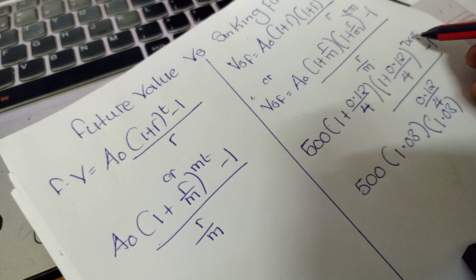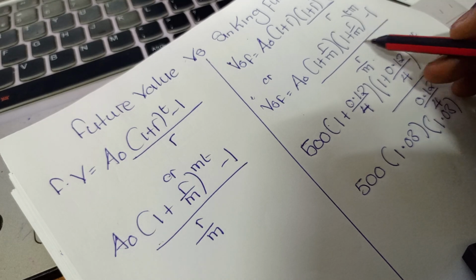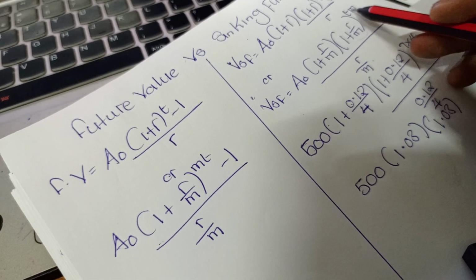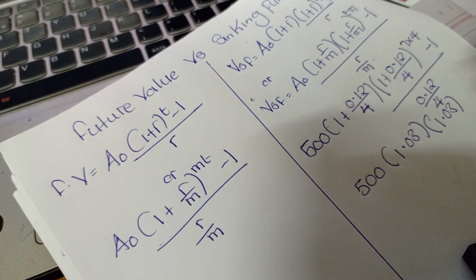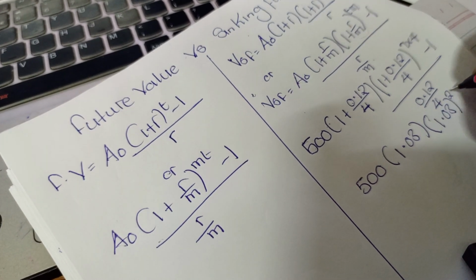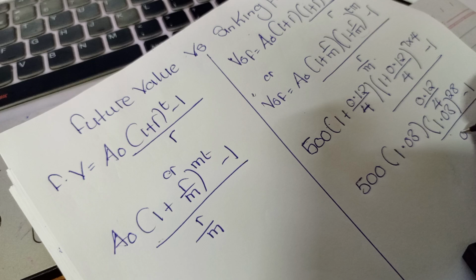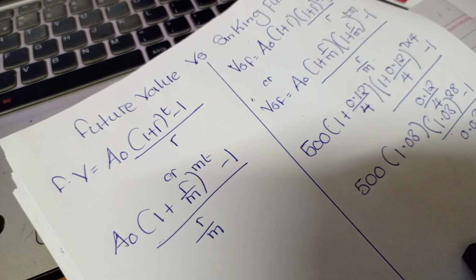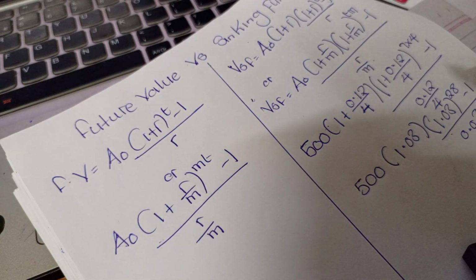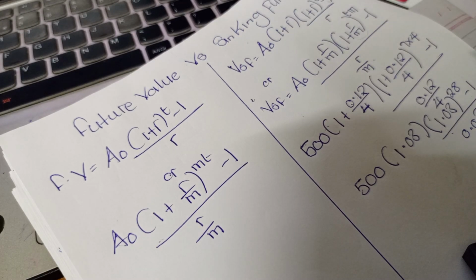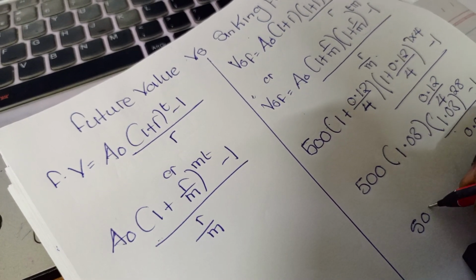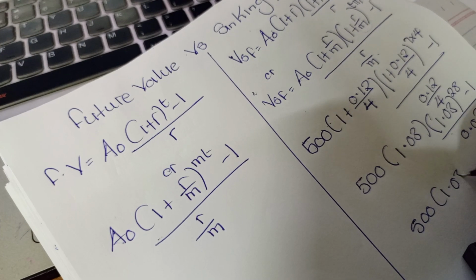Then you multiply. Remember we said the number of compounding periods being 4, you also multiply the number of years by 4. So 7 times 4, that is 28, minus 1 over 0.03. Immediately now you do your calculation. 1.03 you punch on your calculator, so you will have 500, 1.03.